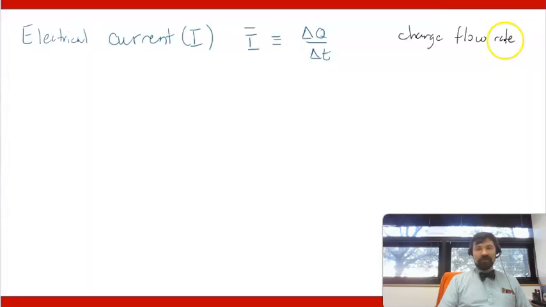And what it is, it's basically how much charge per unit time passing through a given cross section within some region of space, like a wire or whatever. And it has units of amps.